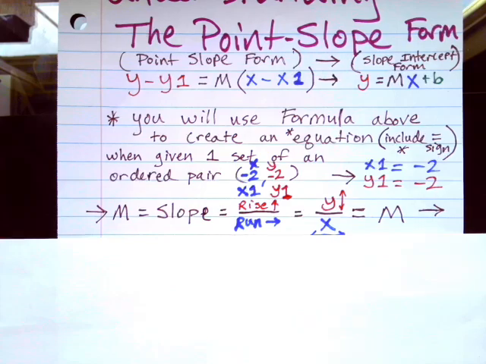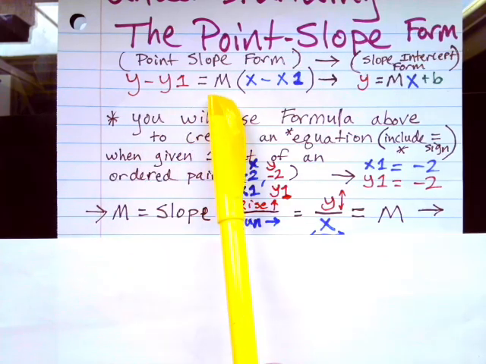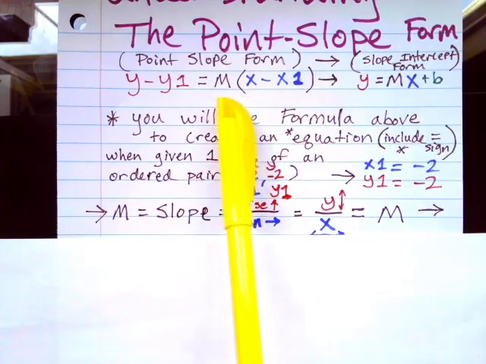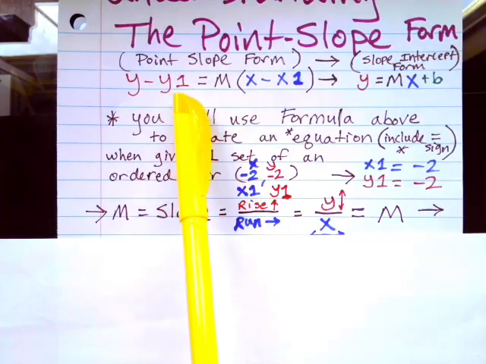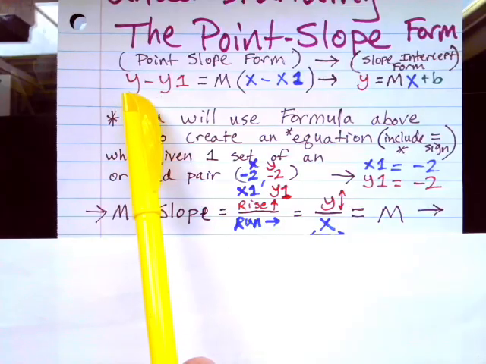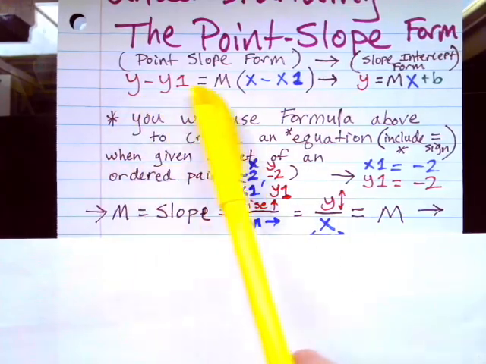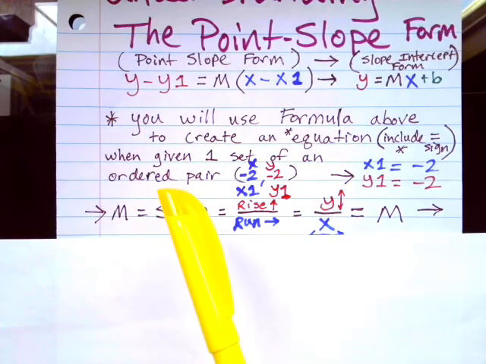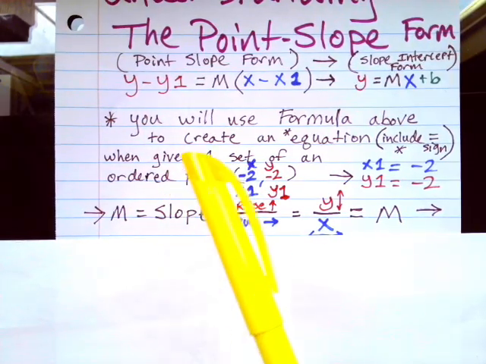If you were given the slope and you're given x1, y1, and then missing a y2 value, hint, hint, you could use point slope form to solve for that missing y value in an ordered pair, or vice versa.